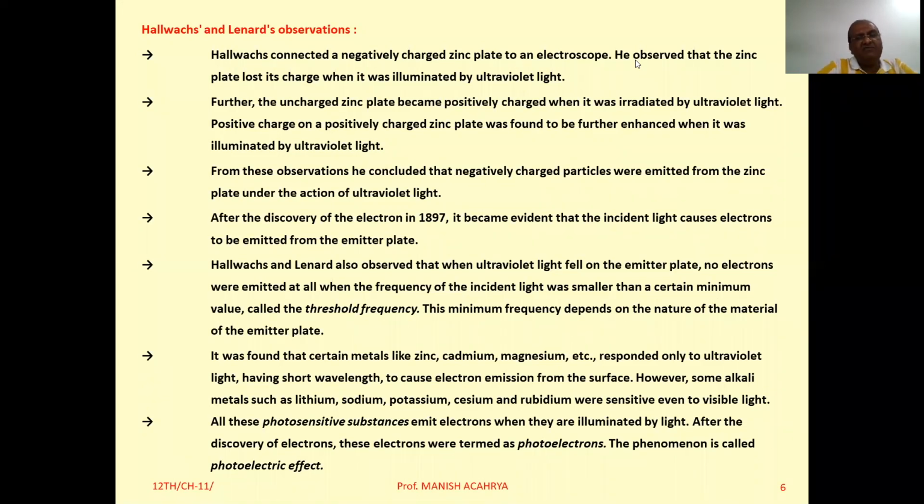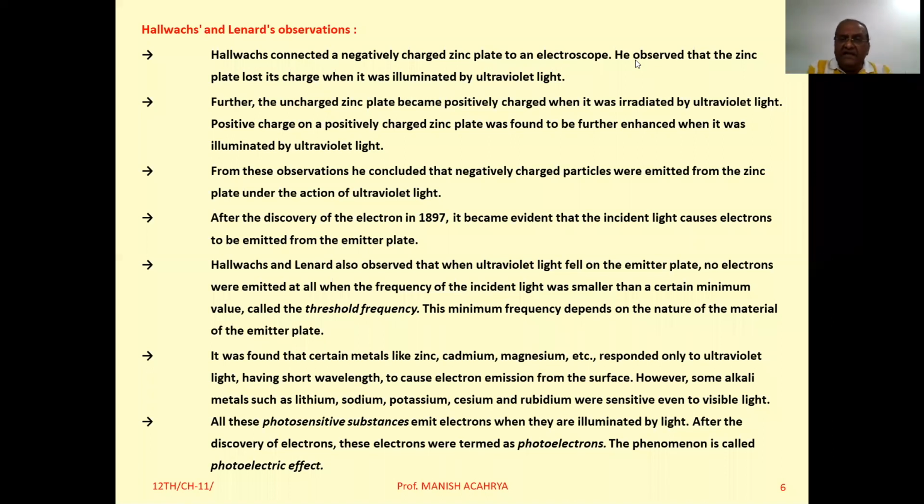It implies that when ultraviolet light is incident on these metals, electrons are emitted from them. Then some alkali metals like lithium, sodium, potassium, and cesium emit electrons when illuminated by visible light.